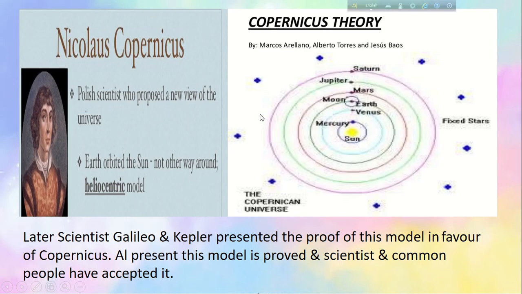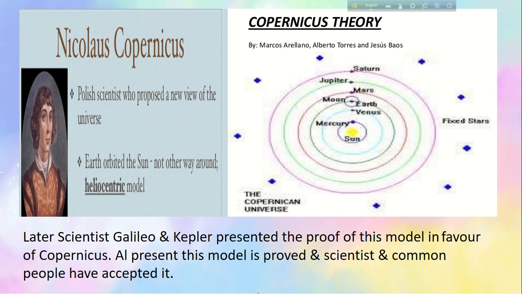Copernicus was an astronomer who gave a new theory through observation, and he proposed the sun-centric model instead of the earth-centric model. The main theme of this model is that the earth moves round the sun. So, all the luminaries or the planets move round the sun. He also told a new thing, that the earth rotates on its own axis.